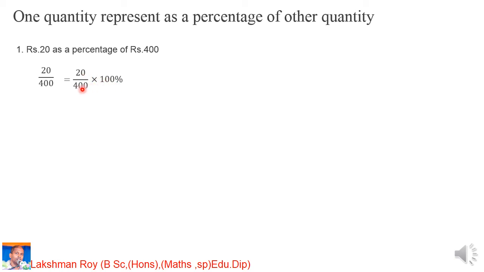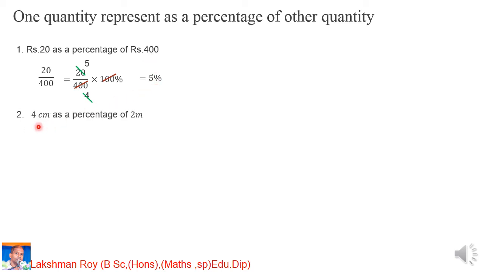This 100 and 400 you can cut by 100. 400 has 4 hundreds. Now 20 and 4 can simplify, so again divide by 4. You get 1 over 4, 20 has 5 fours. That means you get 5 into 1 here. That is 5%, the percentage of 20 rupees of 400 rupees.